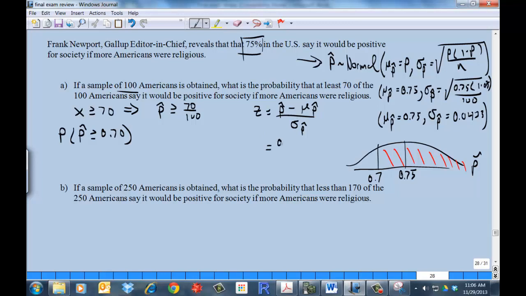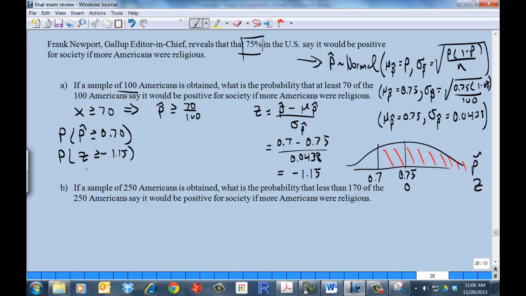This gives us 0.7 minus 0.75 over the standard deviation, and we get a z-score of minus 1.15. So now we want the probability z is greater than or equal to minus 1.15.